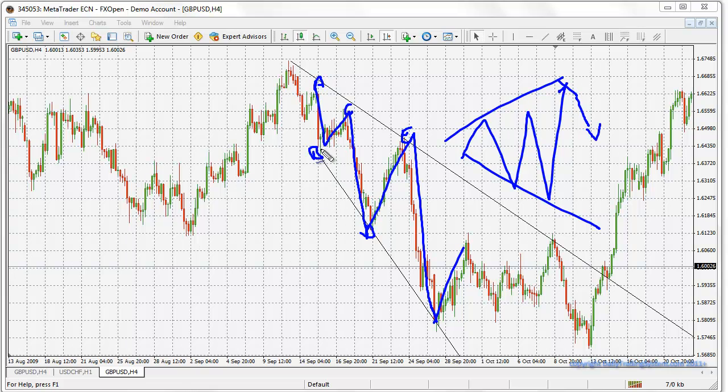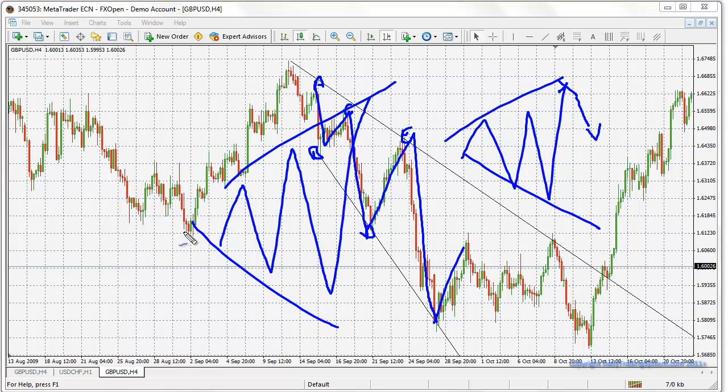All you need to look out for is the next wave coming down. Because this is at a downward angle, the way that textbooks show it will be kind of like this. You'll have different angles, but essentially this is your shortest wave, this is the next largest wave, that's the next largest, and then the next largest.